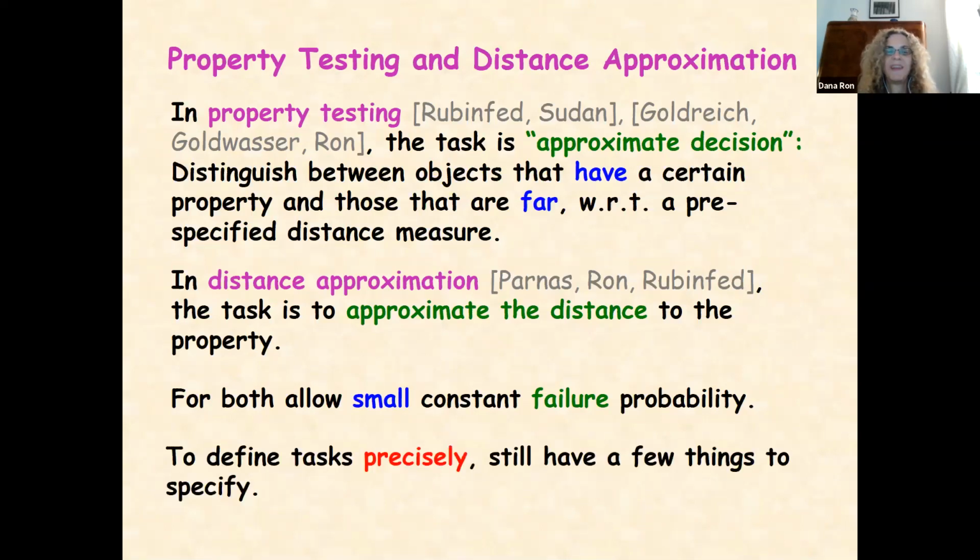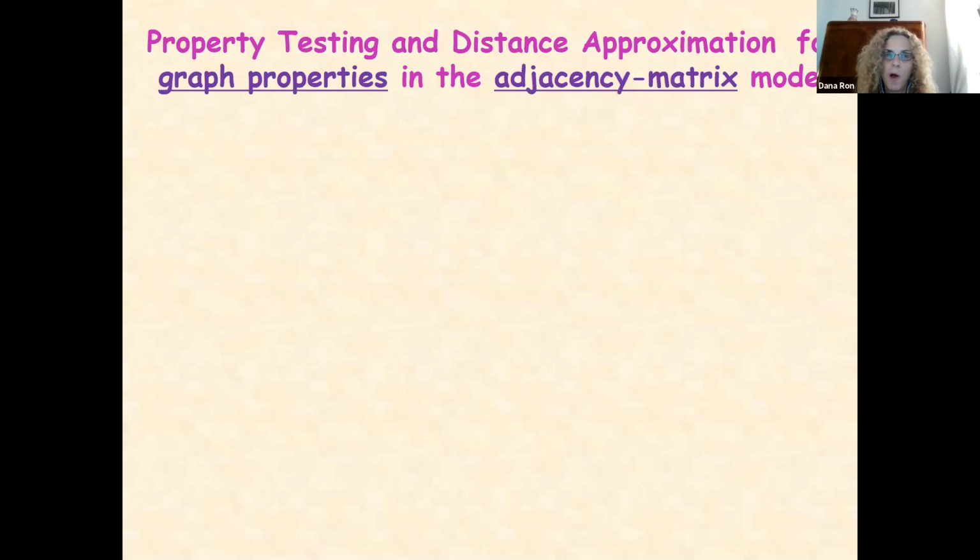To define the tasks precisely we still have a few things to specify, but I'll stop once in a while to see if there's a question about the general setup before I go more inside. As I said before, you can just barge in, unmute yourself and say something, and that's fine with me.